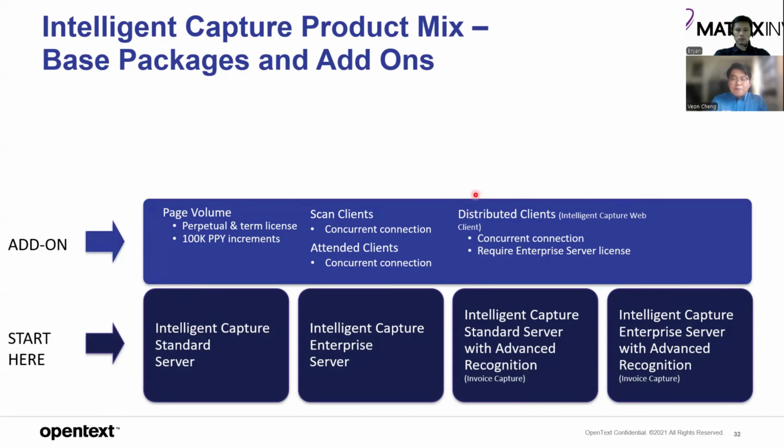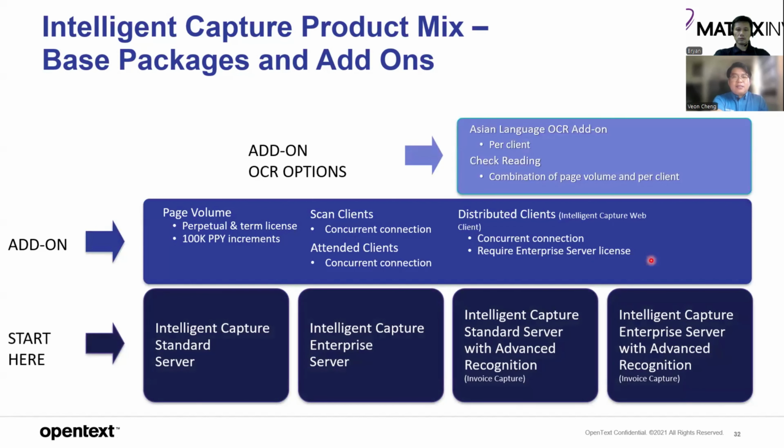If it's the web clients, the distributed clients, you will need to use the enterprise model, where the enterprise server and the real-time services are available. Last but not least, the add-on will be for the Asian language. If it's an Asian language like Chinese, Thai, Vietnamese, etc., we need to purchase the add-on for capturing it.